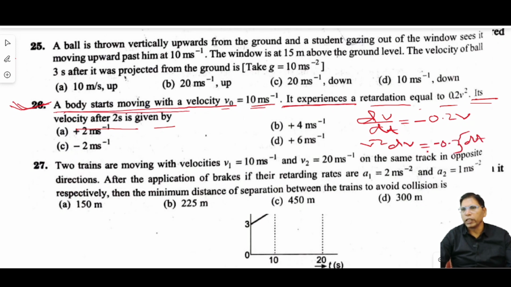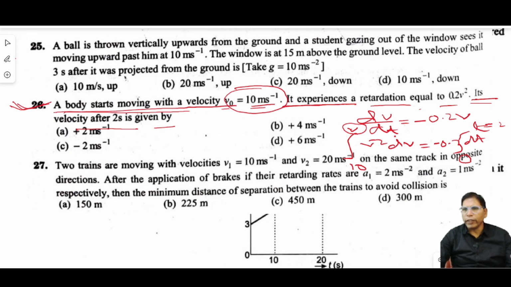Now integrating. Look at this, the boundary condition is when t equal to 0, the velocity is 10 meter per second. So the limits are 0 and 10 meter per second, and t equal to 2 and velocity v.